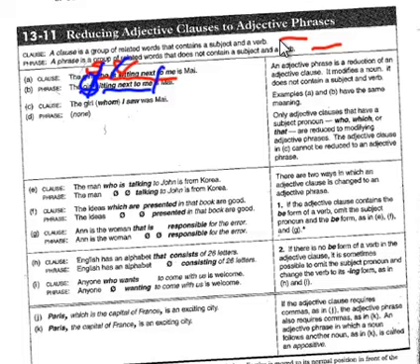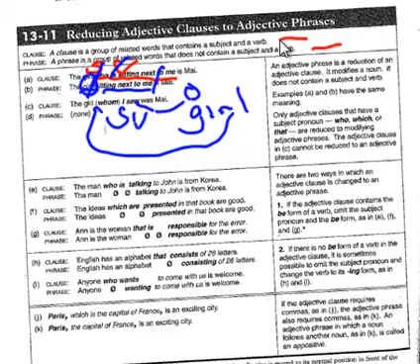I want you to notice how in letter C we can't do this. We can't reduce it because we have another subject for the verb saw in the adjective clause. And this was "the girl whom I saw was my..." Now, you know that saw takes an object, and the object here is girl. So when we have an object, we move this meaning to the beginning of the clause with the word whom.